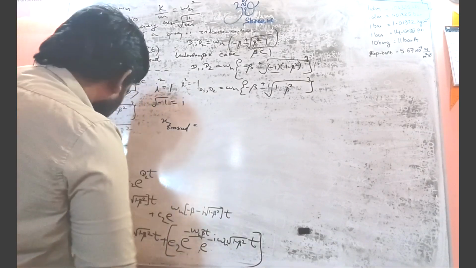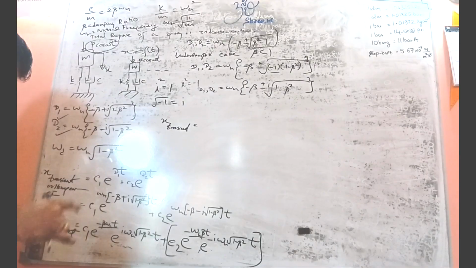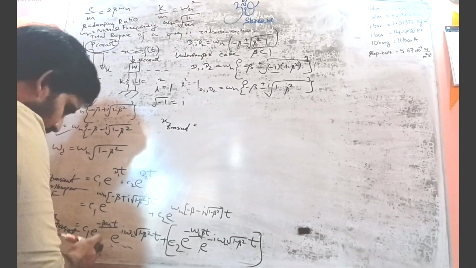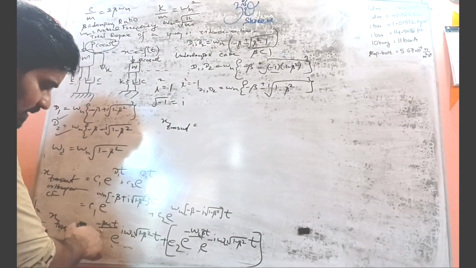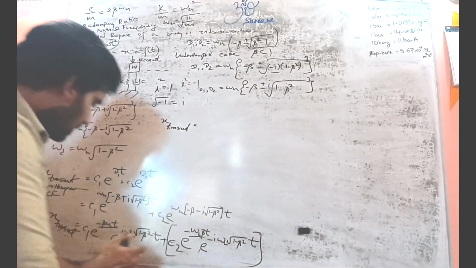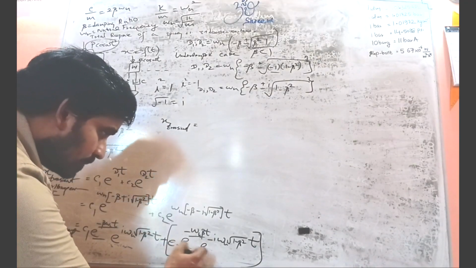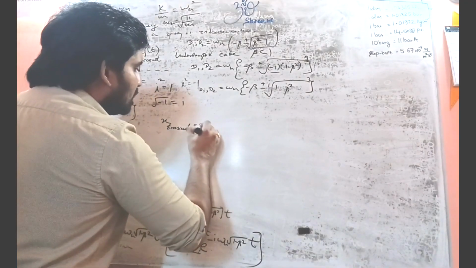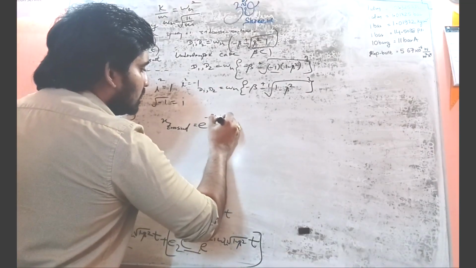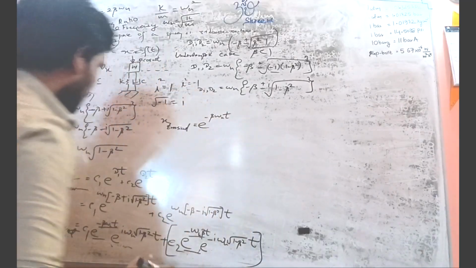So that equals, here, this e to the power minus beta omega n t we can take out as a factor.